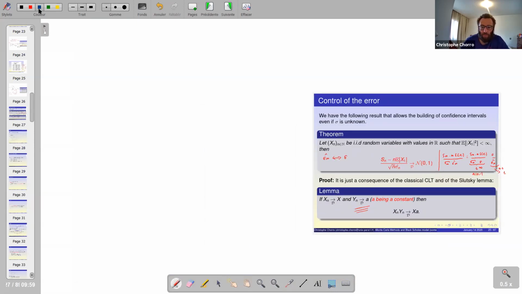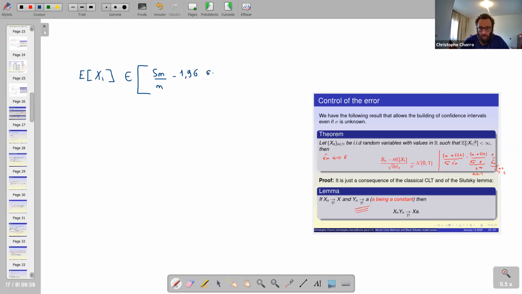and it means that my confidence interval will take the form of something like this, that is Sn over n minus 1.96 if I want a confidence interval at a level of 95%.